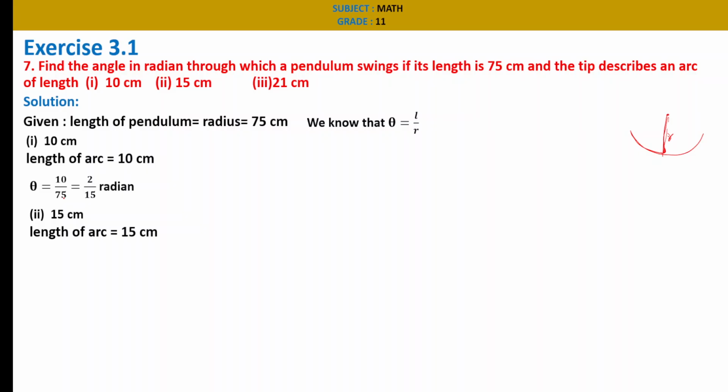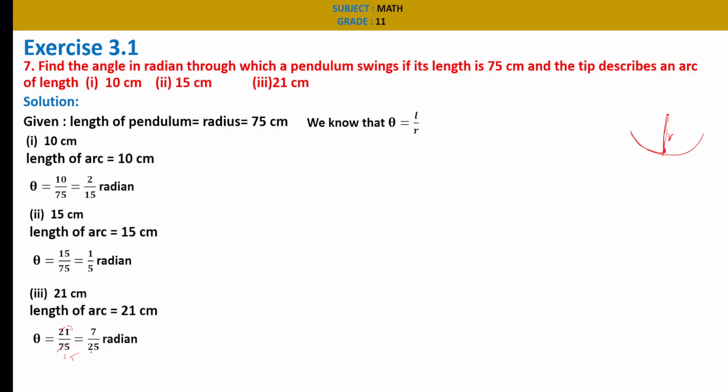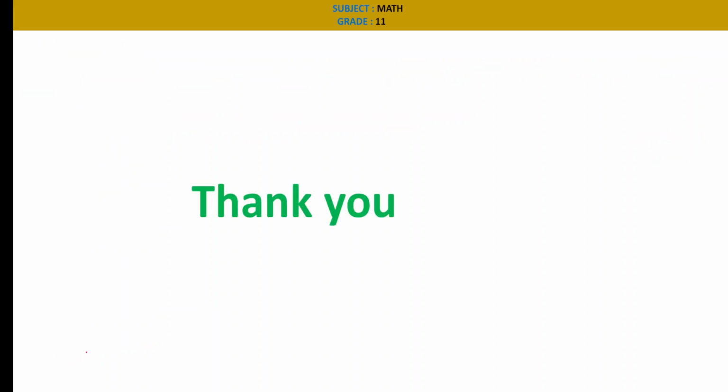Theta can be written as L by R, that is 15 by 75, that is 1 by 5 radians. Next one is 21 centimeters. Here the arc is of length 21 centimeters. Therefore, theta is equal to arc divided by radius, that is 21 by 75, which is 7 by 25, because 3 7s are 21, 3 25s are 75. Therefore, 7 by 25 radians. Thank you.